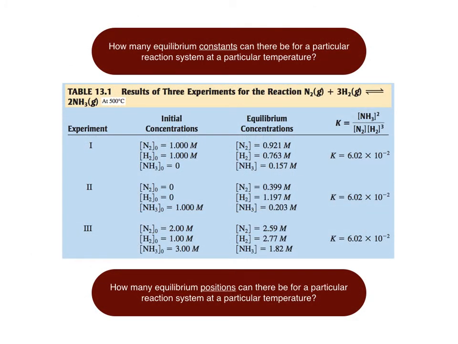To recapitulate, there can be only one equilibrium constant for a particular reaction system at a given temperature. However, the number of equilibrium positions that can express this equilibrium constant is effectively infinite.